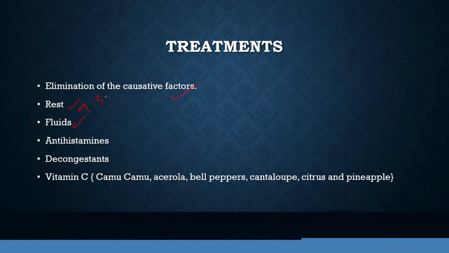You can use it for hepatitis, whatever hepatitis A, B, C. It's a very powerful antiviral and antibacterial. You can use it for all these things that have been written here: laryngitis, bronchitis, asthma, sinusitis, tonsillitis.